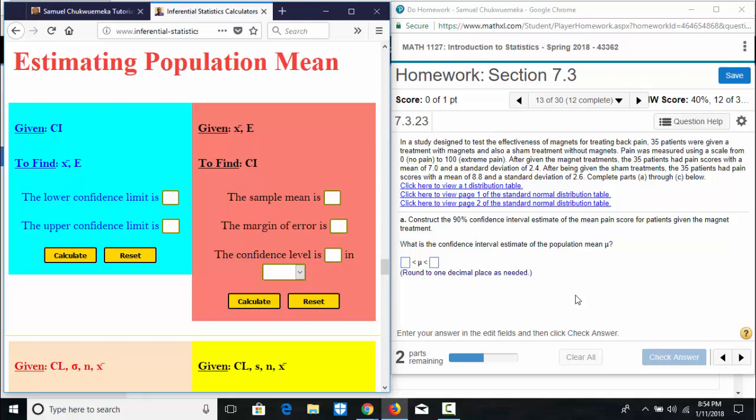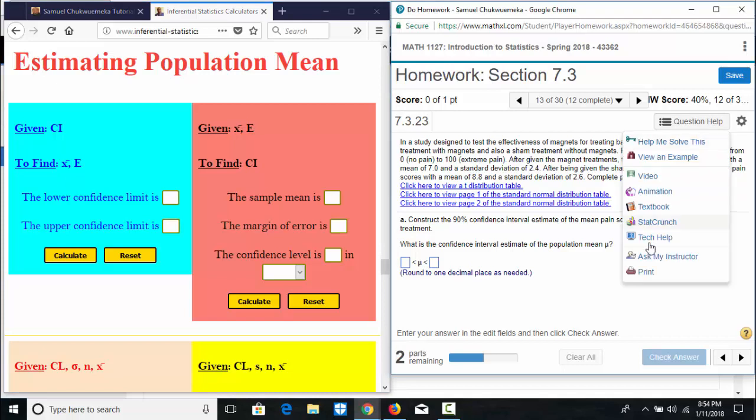After giving the magnet treatments, the 35 patients had pain scores with a mean of 7.0 and a standard deviation of 2.4. After giving the sham treatments, the 35 patients had pain scores with a mean of 8.8 and a standard deviation of 2.6. A. Construct the 90% confidence interval estimate of the mean pain score for patients given the magnet treatment.